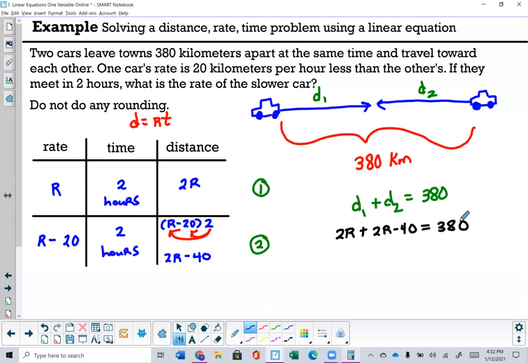Okay, let's solve that equation. Combine your like terms, 2R and 2R, which gives us 4R minus 40 equals 380. All right, let's add 40 to each side.